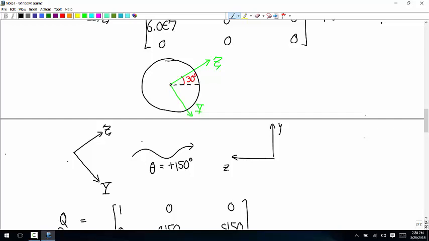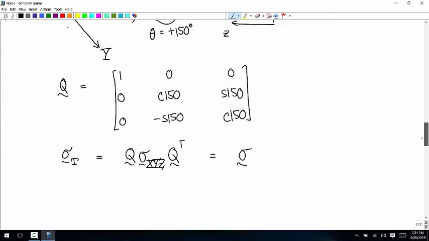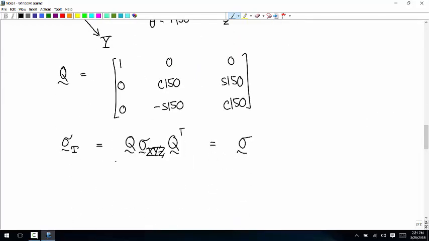Oh, it does? Oh, okay. So then you have to. Okay, yep. And so once you do this to get the stress tensor in the usual coordinate system, then just find the eigenvalues. That gives you the principal stress tensor, and then you can use that to get the maximum shear stress.